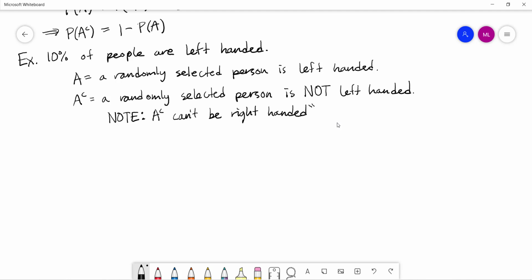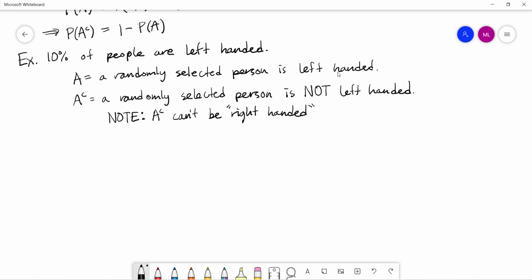We can't pick right-handed instead of left-handed for A complement because it excludes some cases, even if those cases aren't common. It excludes people that consider themselves ambidextrous, that can use both hands equally well, and so you wouldn't say they're left-handed, you wouldn't say they're right-handed, you would say they're ambidextrous. It would also exclude people that happen to be amputees or people that were born without one hand or the other, or things of that nature, in which handedness doesn't really make sense.